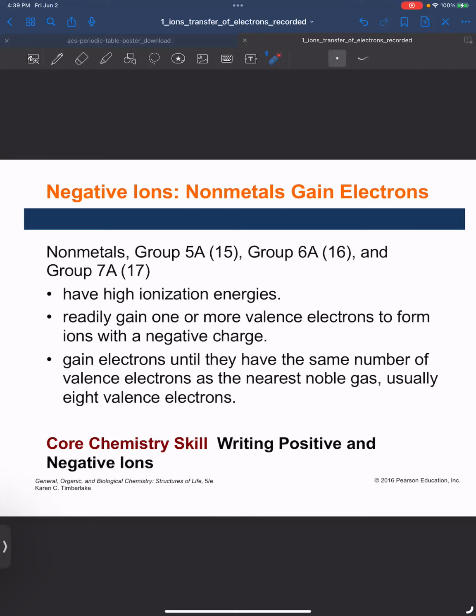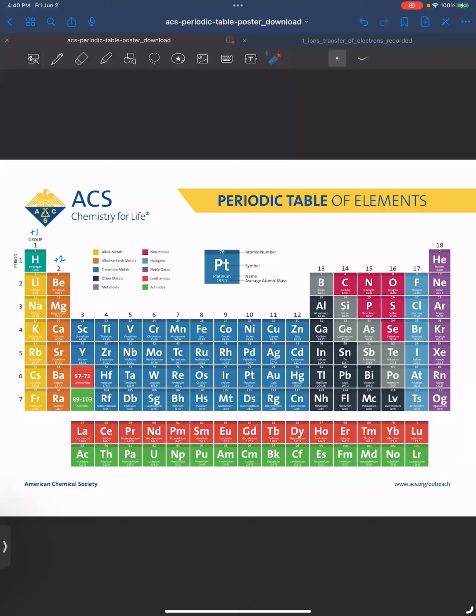And this is the core chemistry skill, being able to write positive and negative ions. And so if we look at the periodic table, 15, 16, and 17, group 17 has 7 valence electrons, and it only needs to gain 1 electron to become like the nearest noble gas.